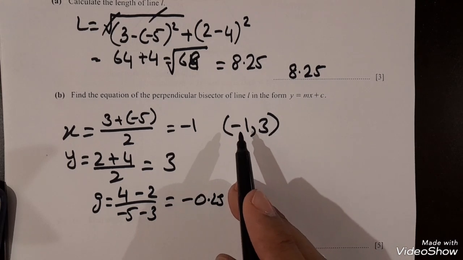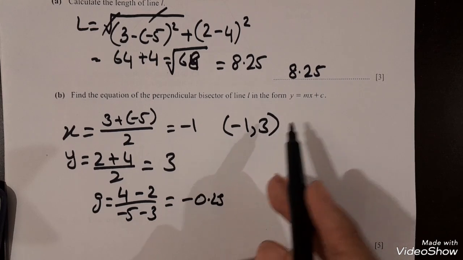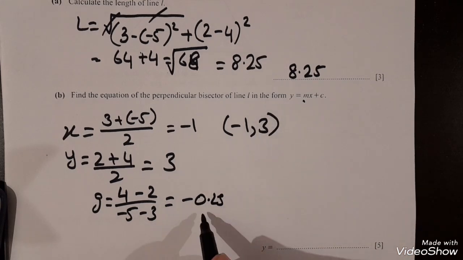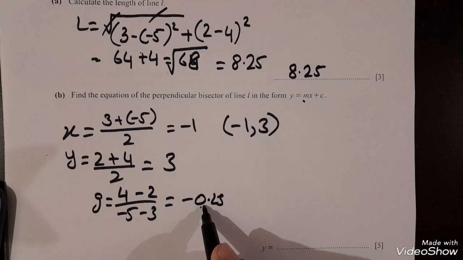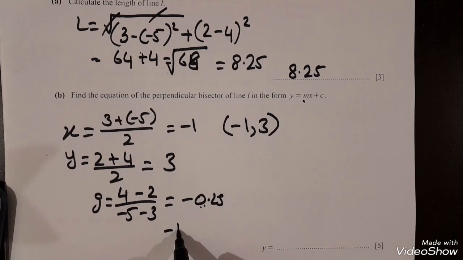Now the gradient is negative 0.25 and we have the midpoint, which is minus 1 and 3. The perpendicular gradient is minus 1 divided by minus 0.25. That will be 4.